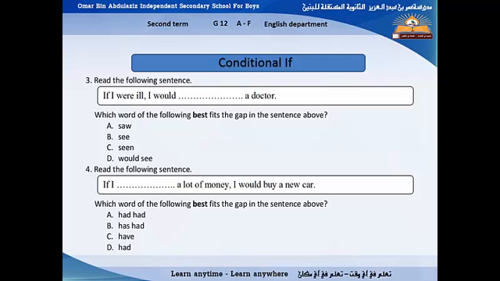So whenever you have an if sentence, you have to look at the given part, the sentence which is answered, not the sentence that includes any spaces. After that, you decide which if you are dealing with, either the first conditional or the second conditional, and then you insert the right answer.